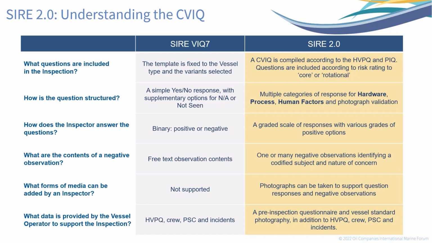Data provided by vessel operator. In addition to the information provided in the HVPQ, the crew matrix, the PSC, and incident databases, Sire 2.0 includes the standard set of vessel photographs and pre-populates inspection questions from PIQ information.